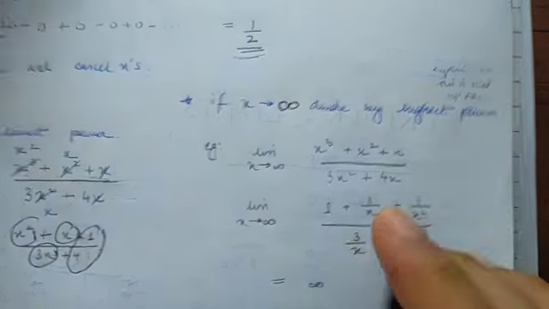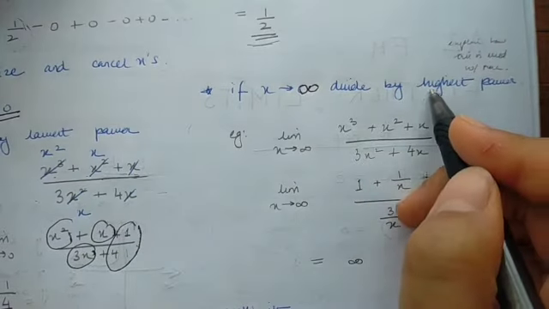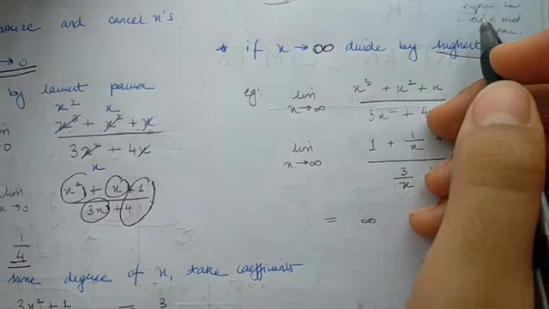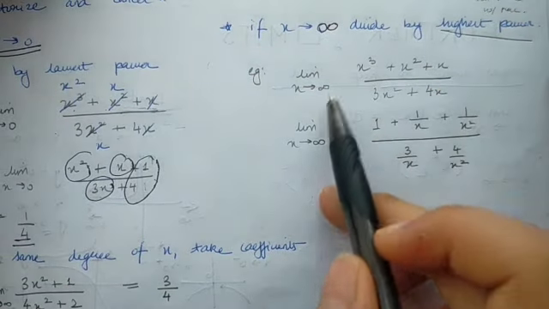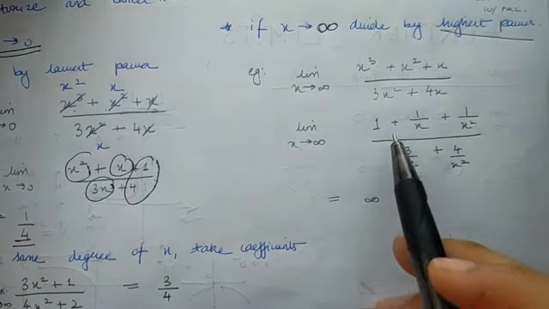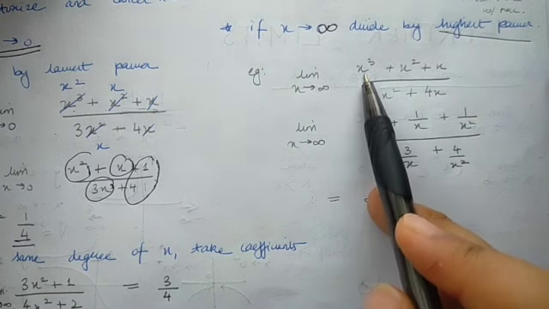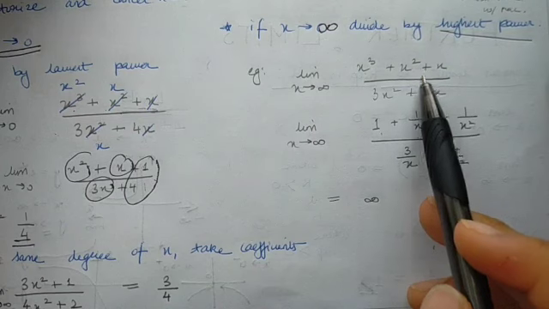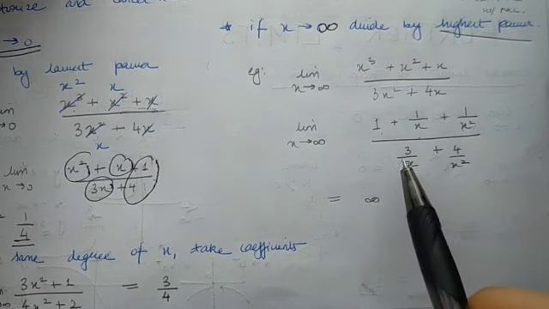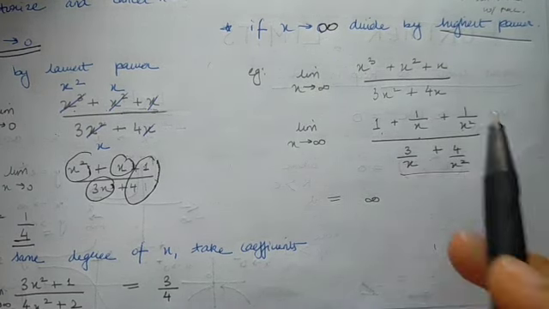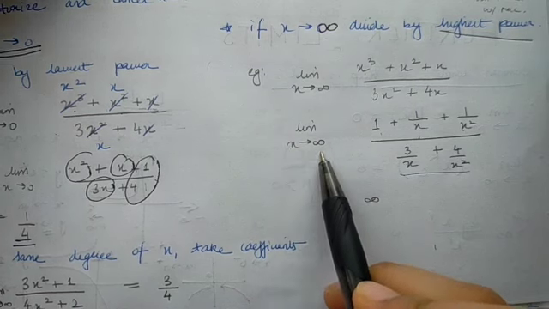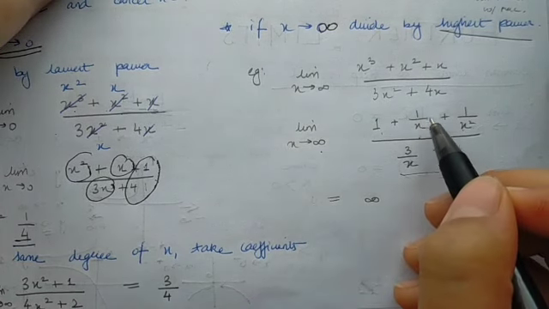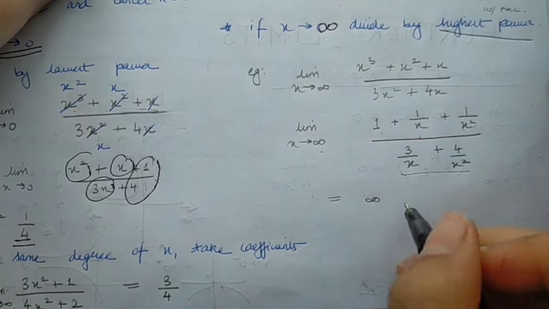But if we had x approaching infinity, then we divide by the highest power. And this is because, if we look at the same function, the highest power we have is x cubed, so we have 1 plus 1 over x, dividing each term by x cubed. This is what we have left. Now as x approaches infinity, 1 over x would approach 0.